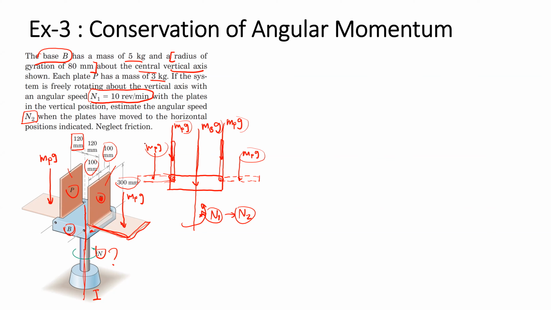So we cannot obtain a component of mg that creates a change in the angular velocity.